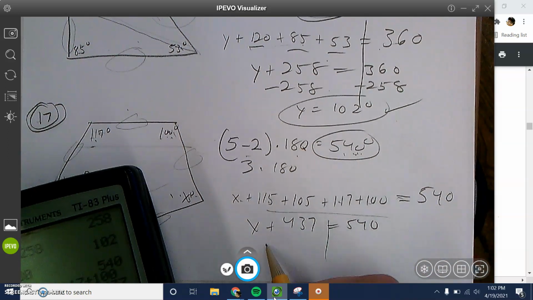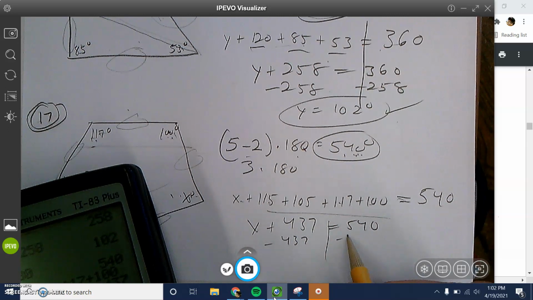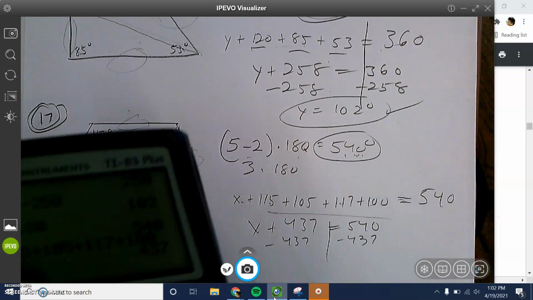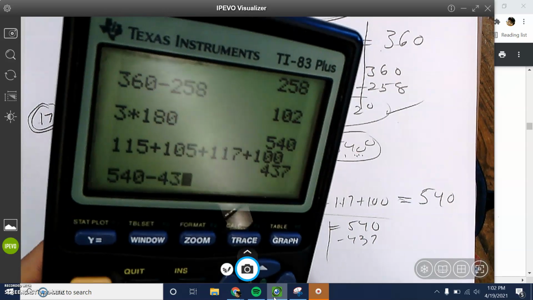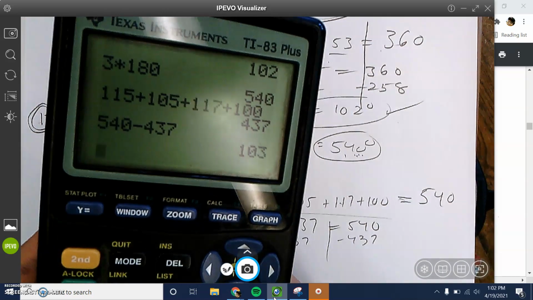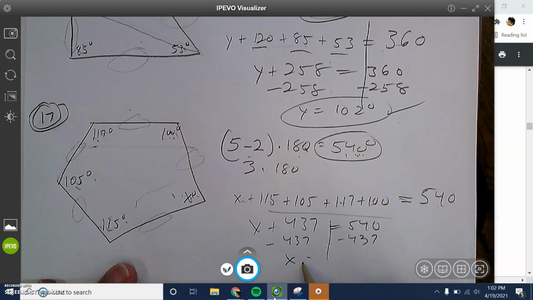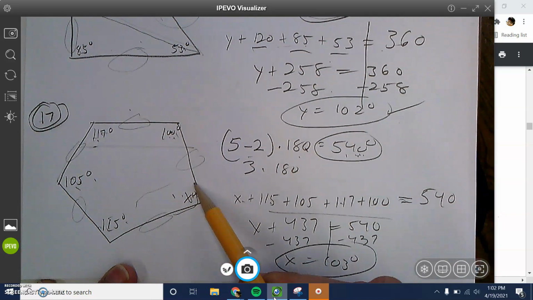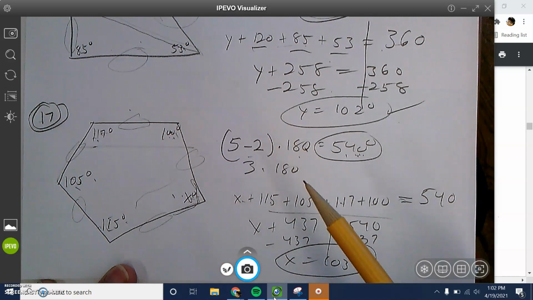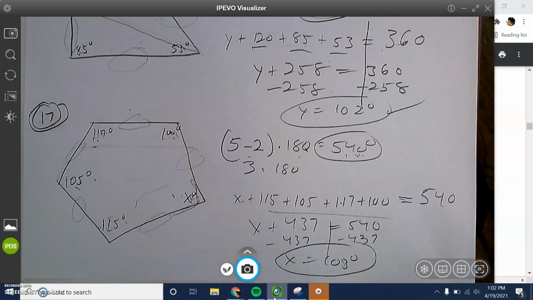What are you going to do now? Yeah, subtract 437. 540 minus 437 is 103. So x is 103 degrees, 103 degree angle. So it's a little more than 90. So yeah, that kind of makes sense right there. So 103 degrees. Got it.